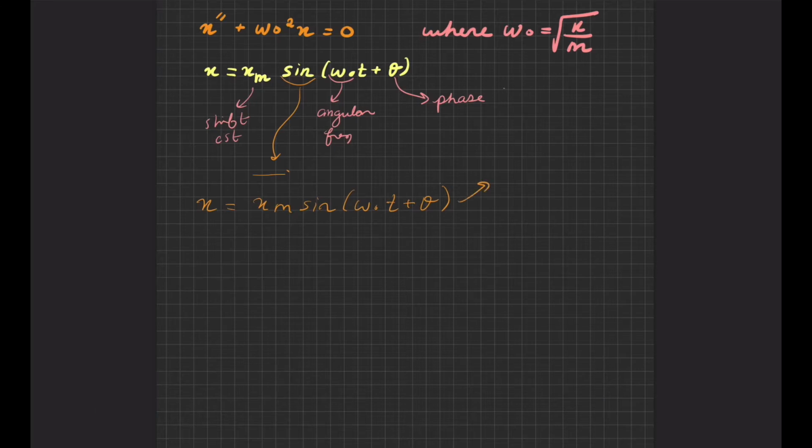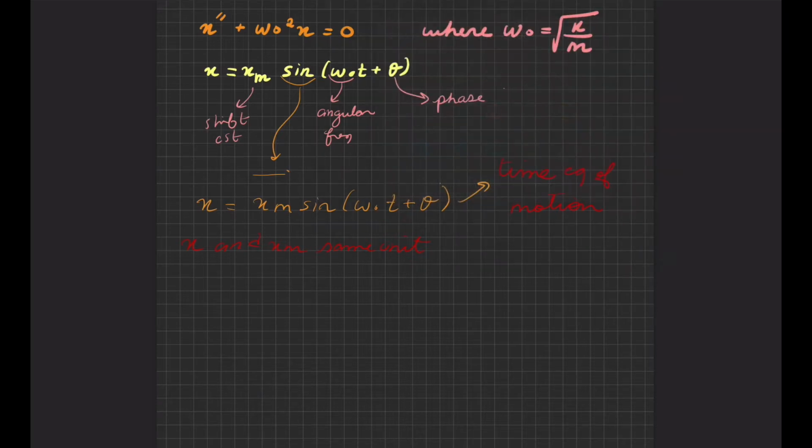So this is a time equation of motion, okay? And x and xm have the same unit, right? Both are a distance.